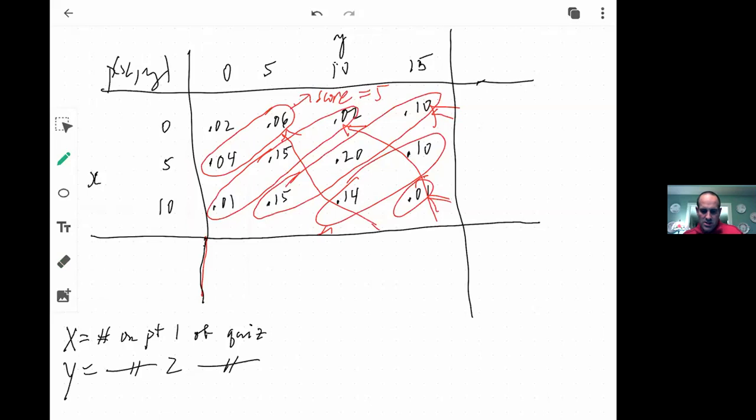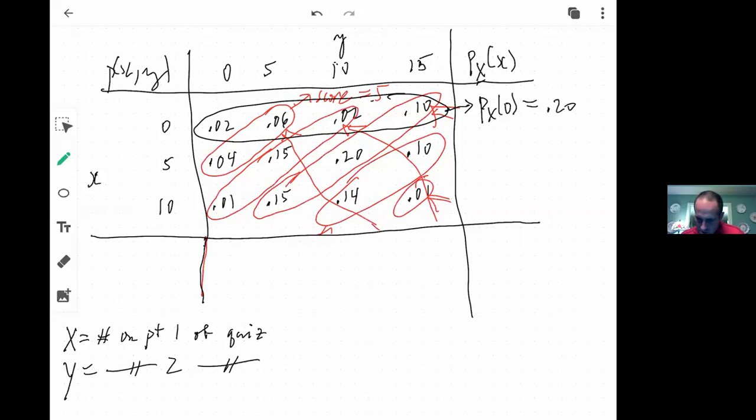If I want to get P sub X, the marginal probability mass function for X, that means I need to add across this row right here. And if I add across this row, because I have to add across all the Y values, I get P sub X of 0, which is what?